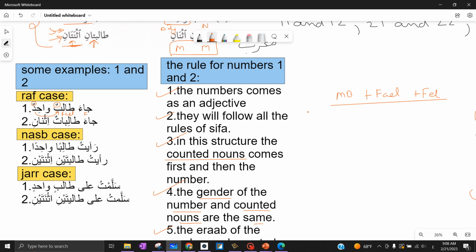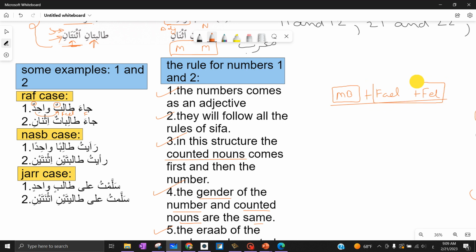No, it shouldn't. Why? Don't think that yes, after fa'il is coming maf'ul bihi, then wahid should be in maf'ul bihi case. No, because from number rules we know that the number will follow the noun. And maf'ul bihi is extra in jumla fi'liyya. Always remember that maf'ul bihi is extra in jumla fi'liyya. You should always concentrate on two things.